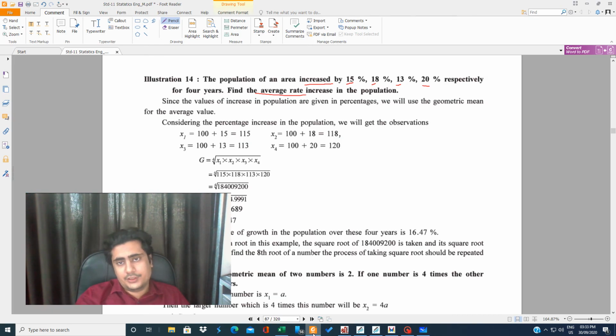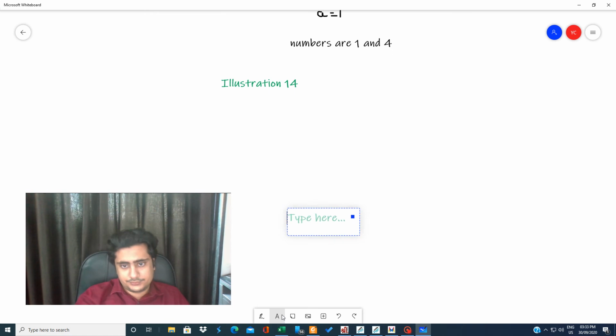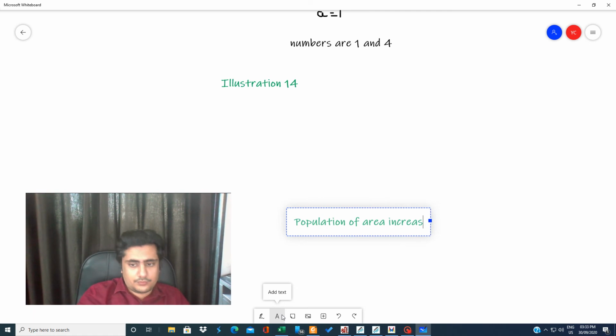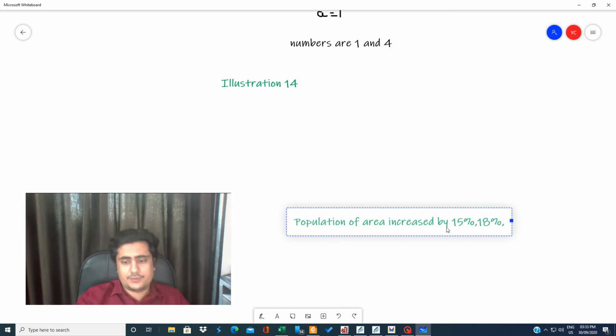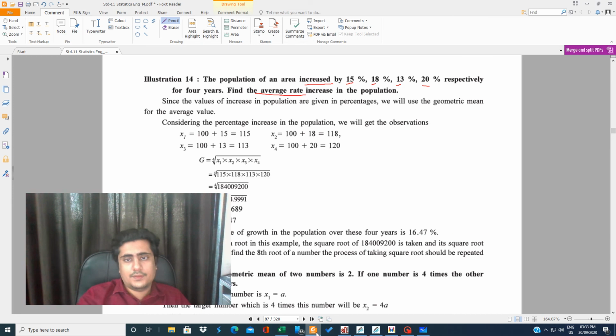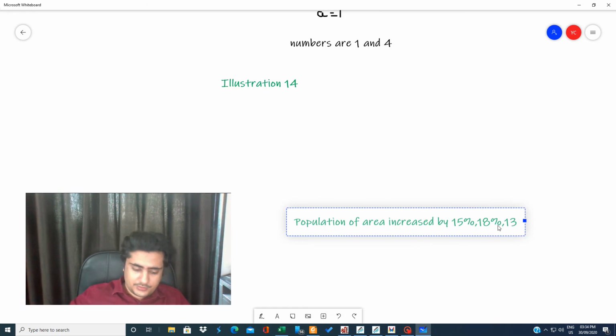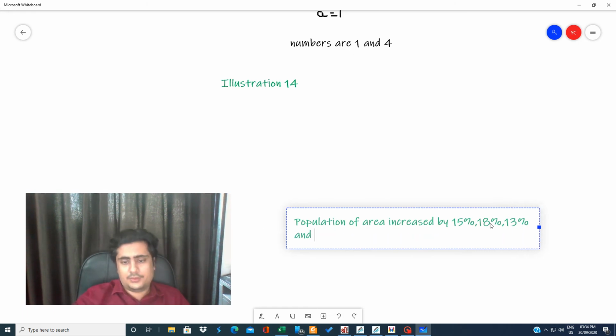The population of an area increased by 15%, 18%, 13%, and 20%.